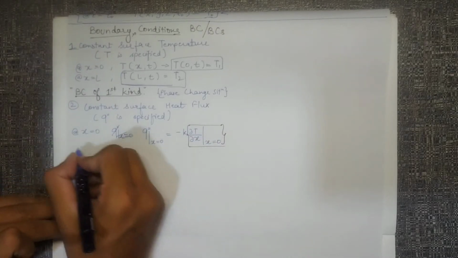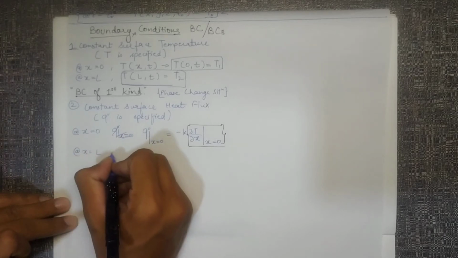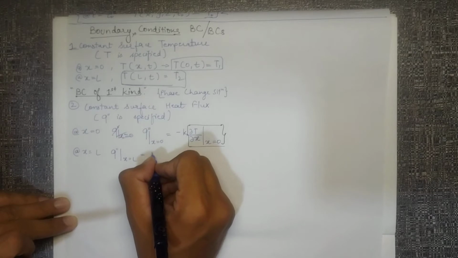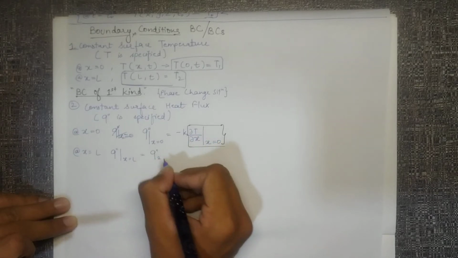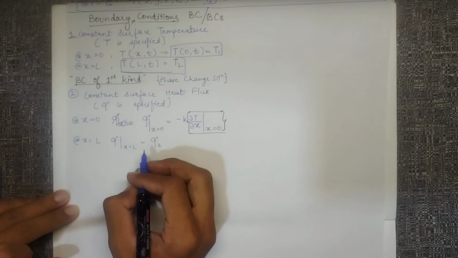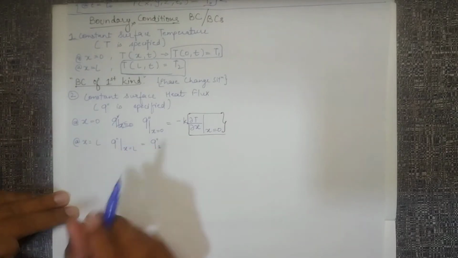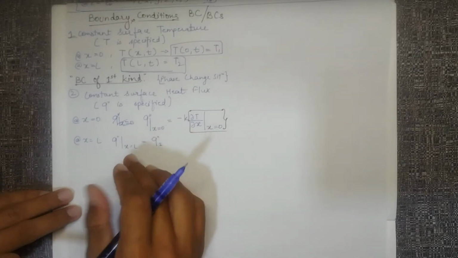And again at x is equal to L location, my heat flux would be given as some value. What does this mean when we draw this on a diagram?